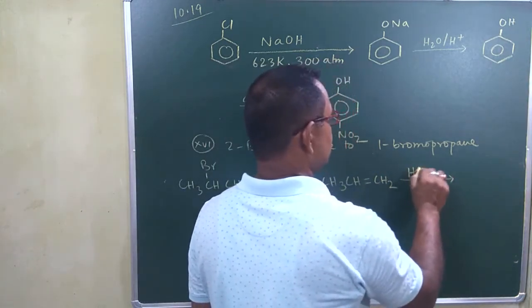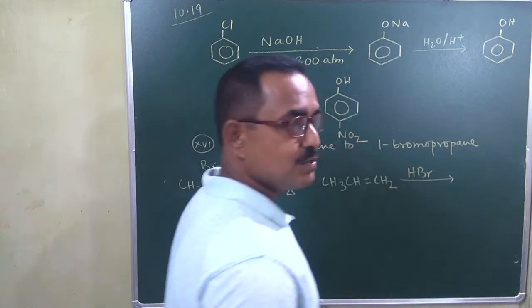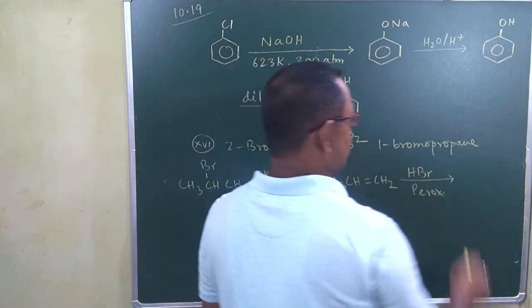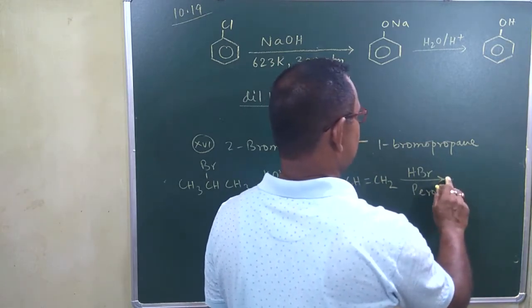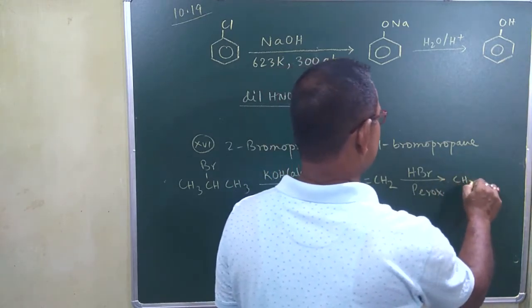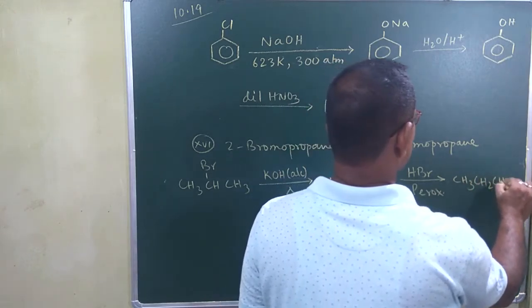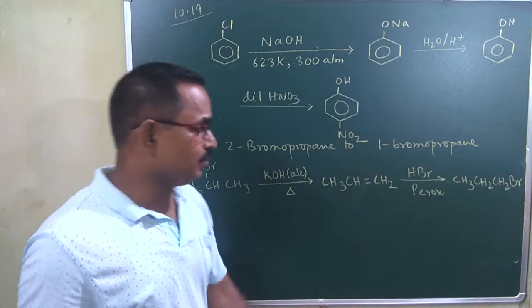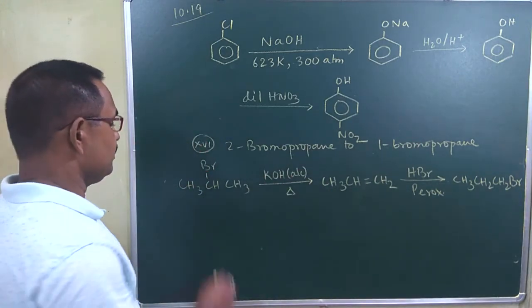Now carry out addition of HBr in presence of peroxide, according to anti-Markovnikov's rule. Okay, this will give you 1-bromopropane. So starting from 2-bromopropane, we can prepare 1-bromopropane.